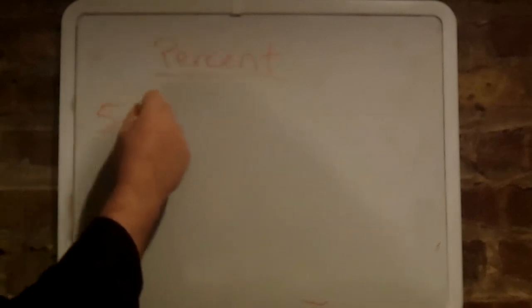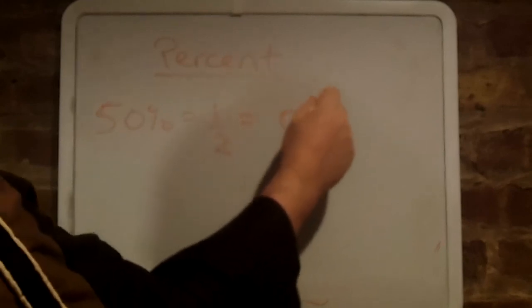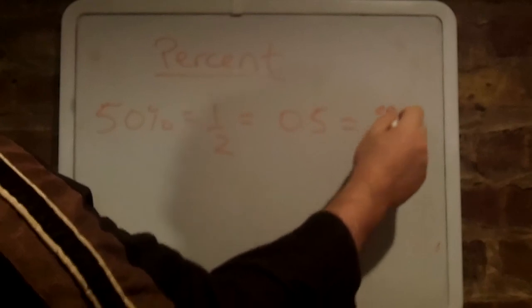And the last thing I want to talk about in this lesson is percent. So for example, 50% is the same as half, which is the same as 0.5, which is the same as 50 out of 100.